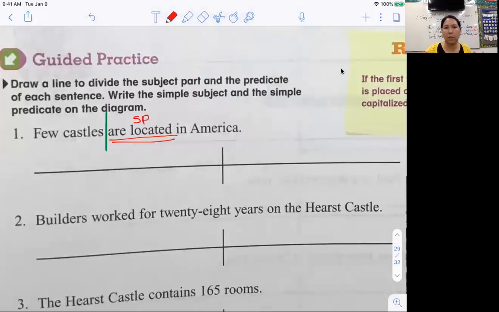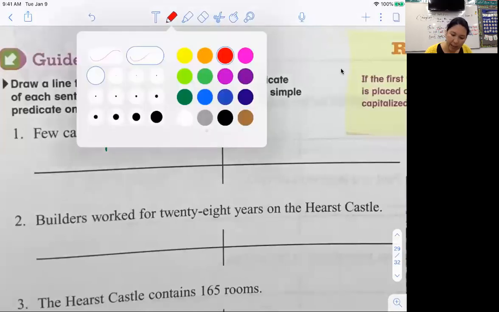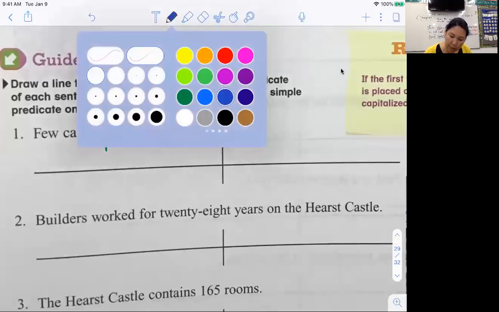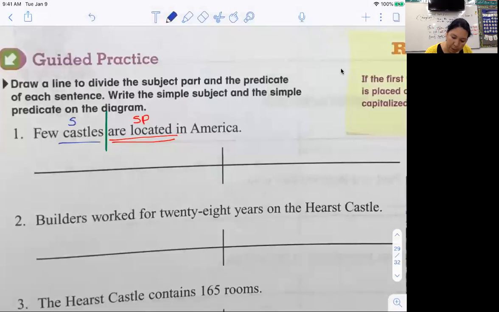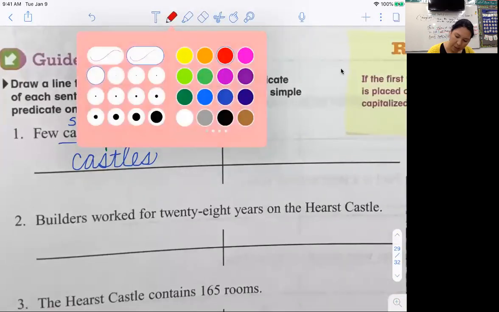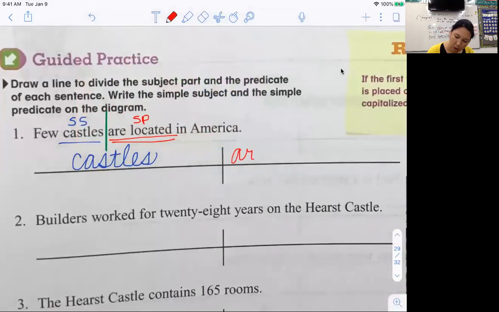Now you can ask yourself, what are located in America? What are located? Castles are located. So castles is going to be my simple subject. So I'm going to write castles on the first line, and I'm going to write are located on the second line.